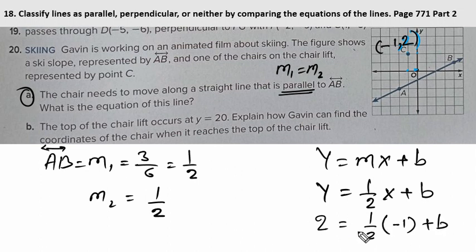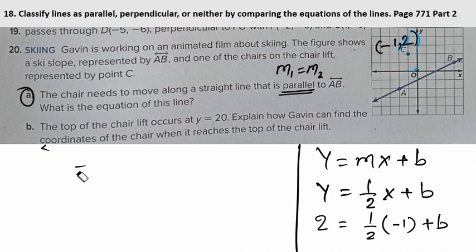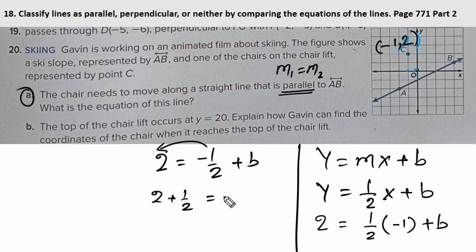Solve this. Let me just clear up some space. 2 equals -1 over 2 plus b. Add 1 over 2 to both sides, and you can move it. 2 plus 1 over 2 equals b. That will give you 5 over 2 equals b.